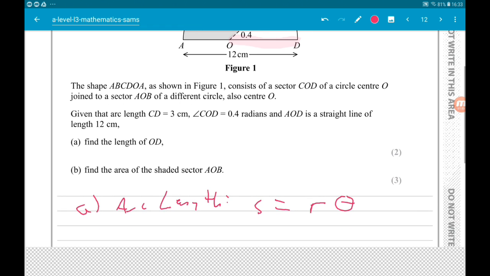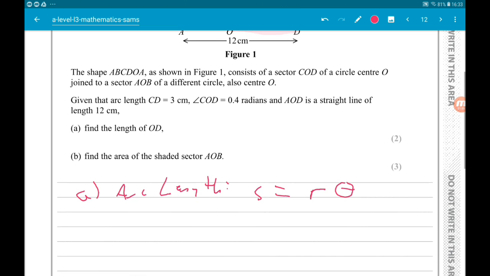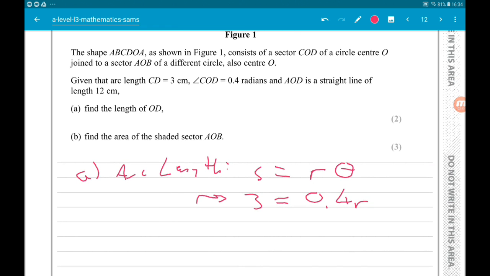So for us, we get 3 is equal to 0.4 R. Divide by 0.4.